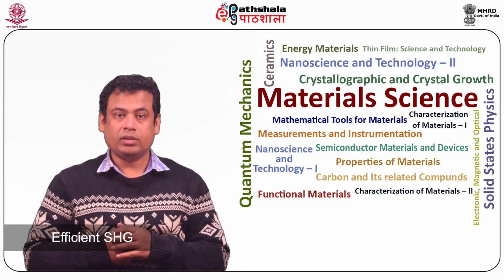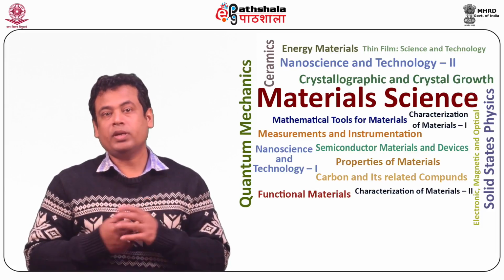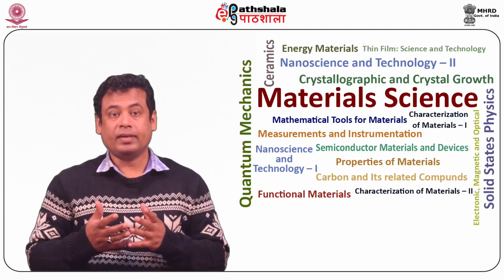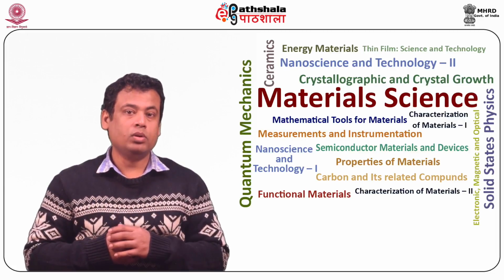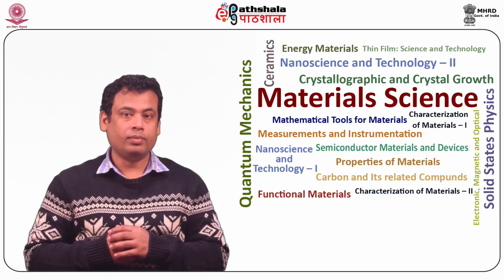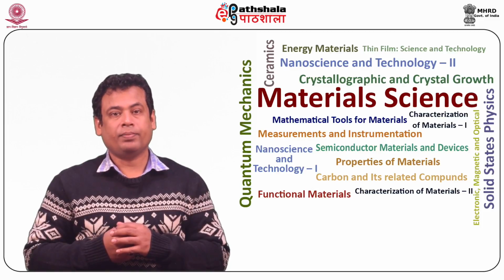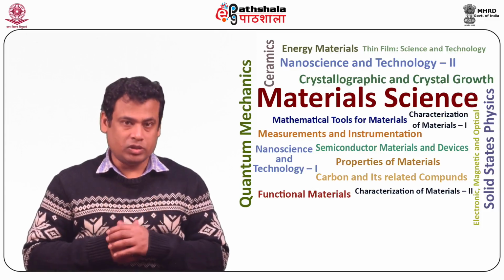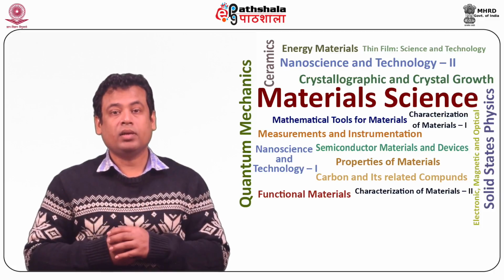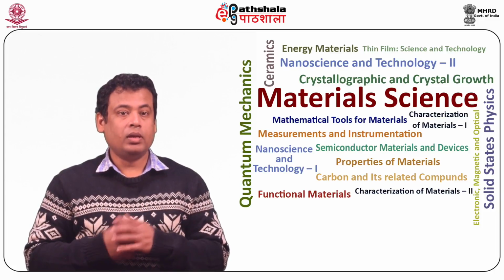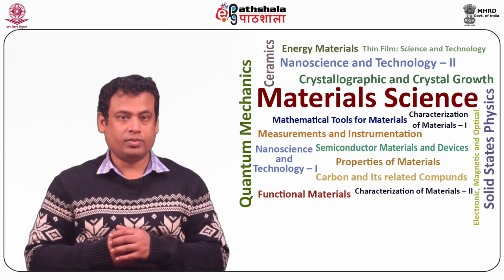Efficient SHG requires phase matching, which is momentum conservation, satisfying the index matching of n1(omega 1) equal to n2(2 omega 1). The difficulty in materials is that they are usually dispersive and the refractive index increases with frequency, with n2 greater than n1 in normal dispersion.